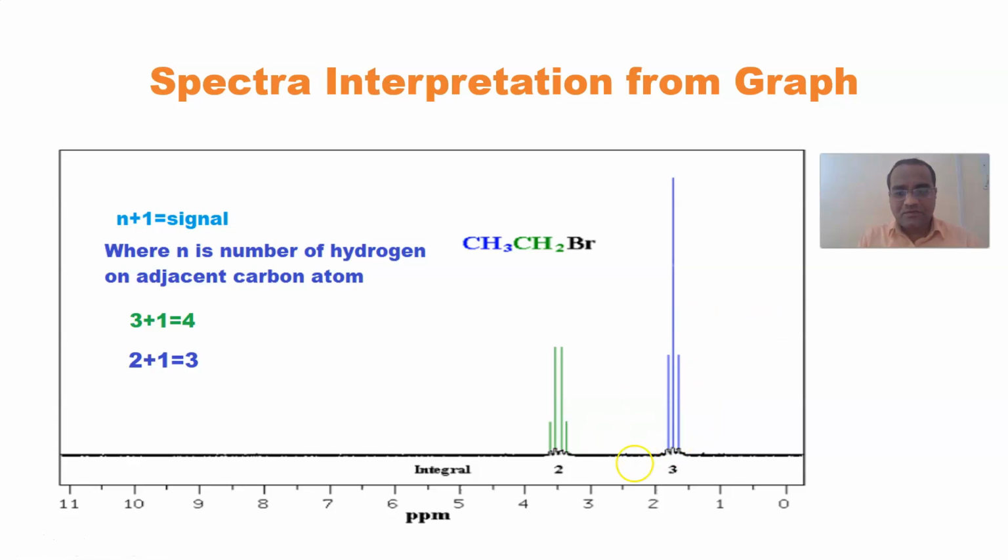Nowadays this is calculated directly by software, but in earlier days the NMR spectrum was recorded on graph paper, and the number of squares occupied by the signals was recorded, and from that the number of hydrogens was calculated. From the area occupied we get the number of hydrogens. So here the number of hydrogens is 2 and here it is 3.